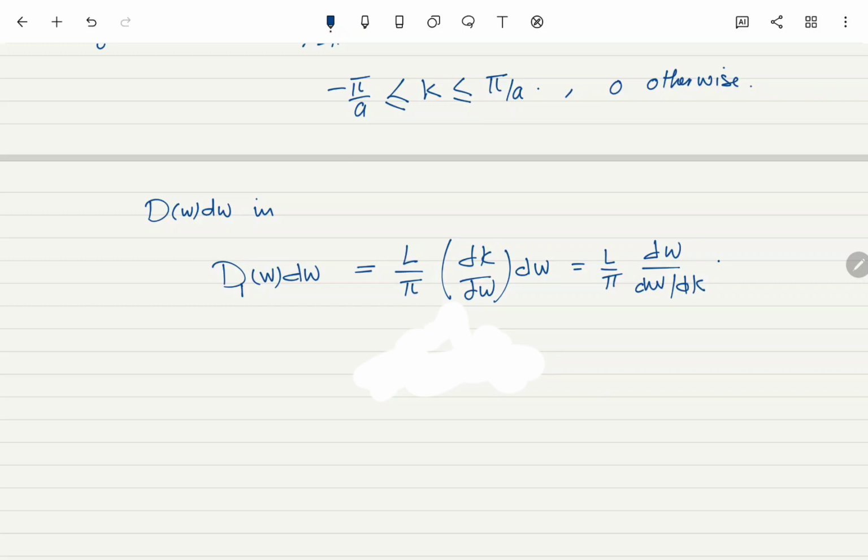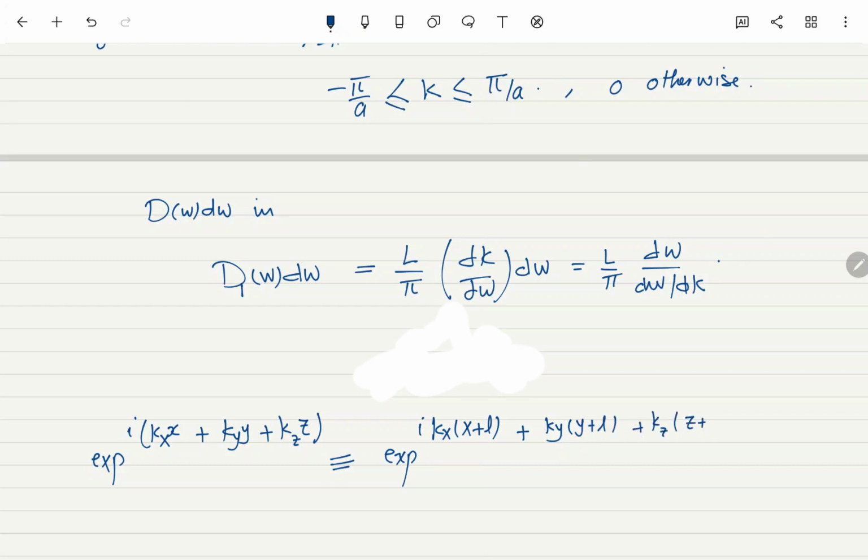Now if we apply the periodic boundary conditions over N cubed primitive cells within the cube of sides L, in such a way, k in this case is determined by the condition exponential i(kx x plus ky y plus kz z) is equal to exponential i(kx (x plus L) plus ky (y plus L) plus kz (z plus L)).